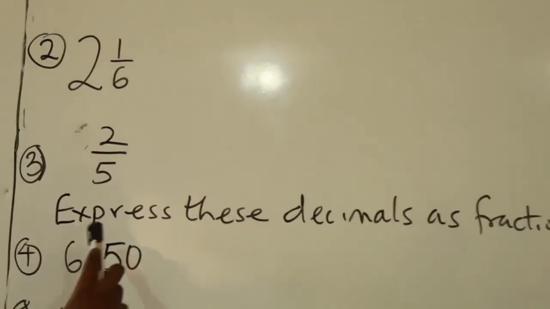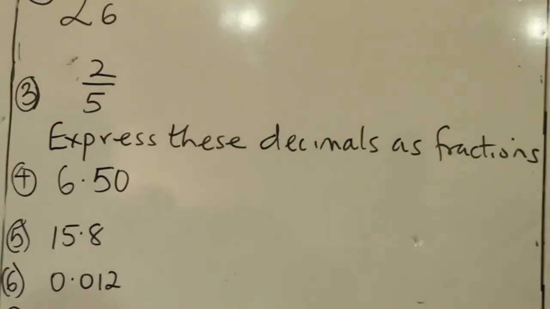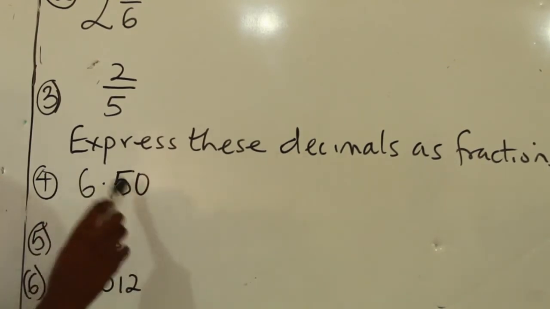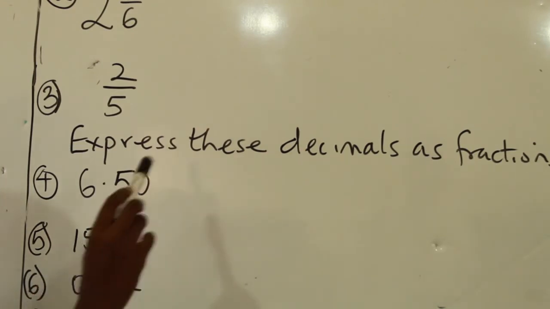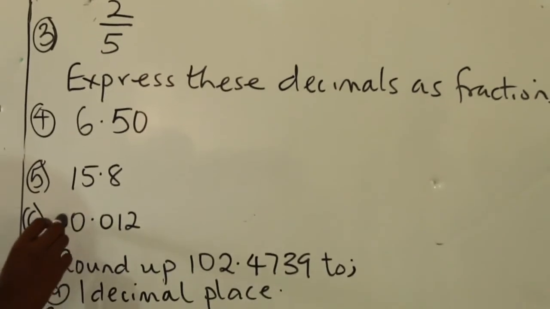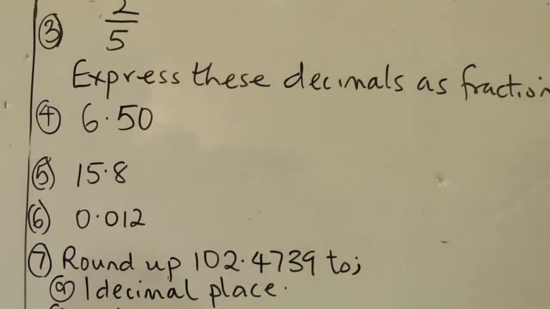Next, express these decimals as fractions. Question number 4 is 6.50. Express 6.50 as a fraction. Number 5, express 15.8 as a fraction. And question number 6, express 0.012 as a fraction.